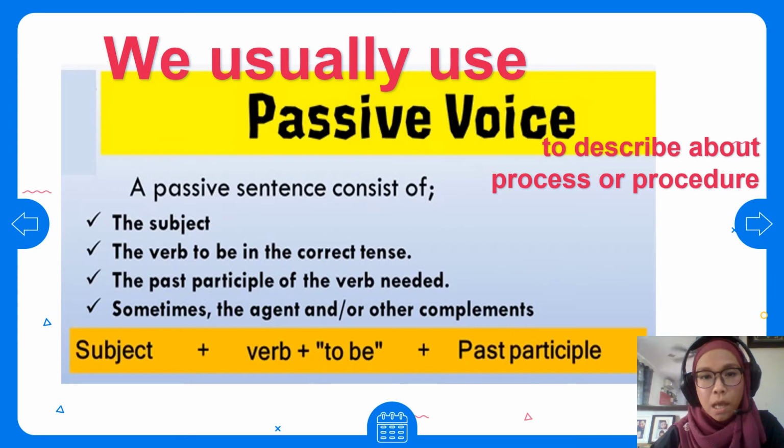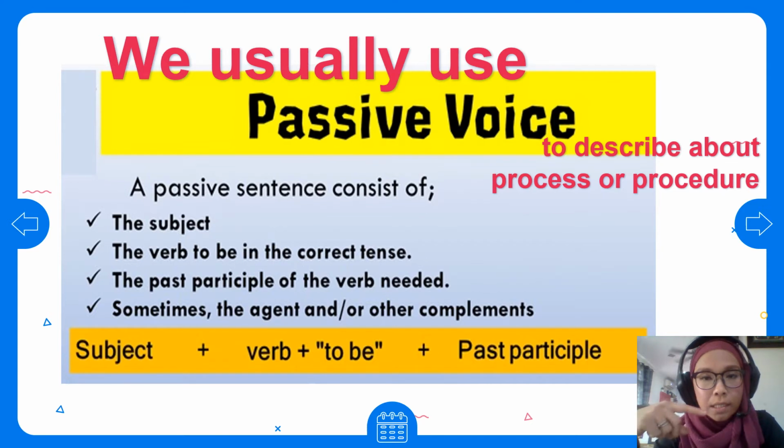For example, Ahmad main bola. The passive voice for Ahmad main bola would be bola itu dimain oleh Ahmad. Betul ke? Something like that.